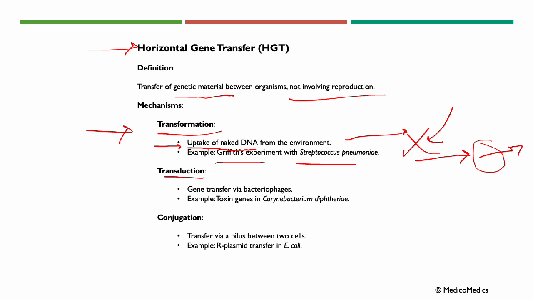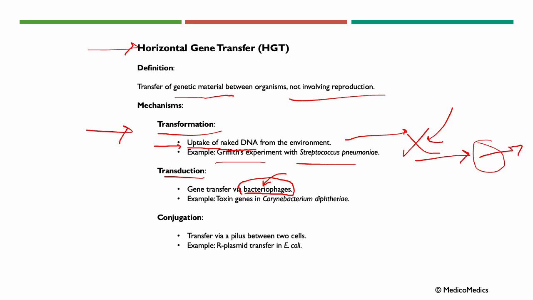Then we have transduction. A bacteriophage, for example, is a virus. Some people get confused because it contains the word bacteria, but it's bacteriophage. So a bacteriophage, a virus, infects a bacterium, incorporating bacterial DNA into its viral genome and transferring it into another bacterium. We have two types of transduction worthy of mentioning.